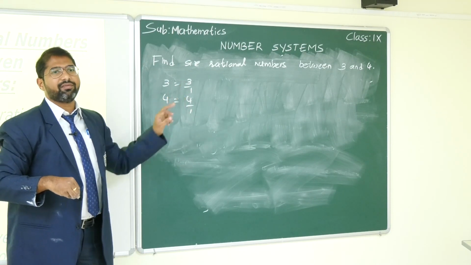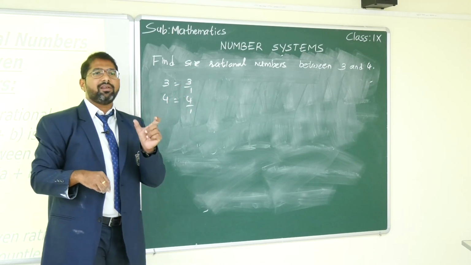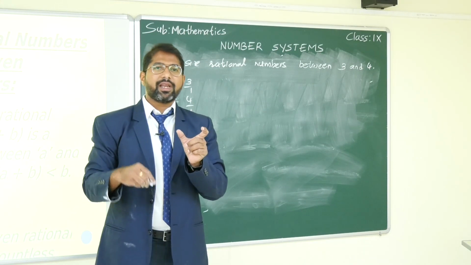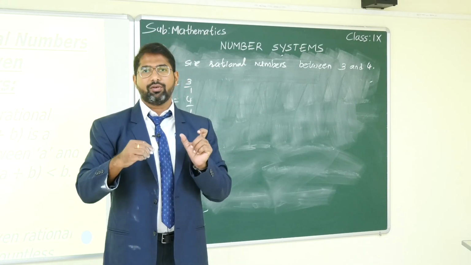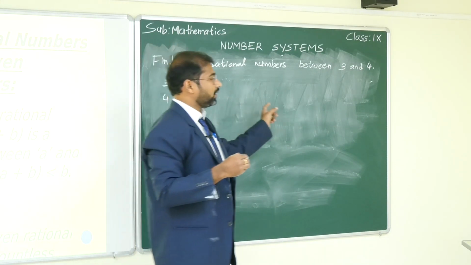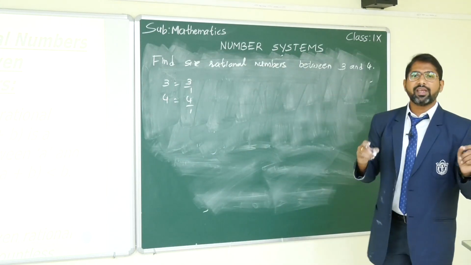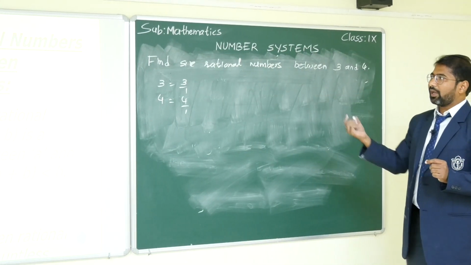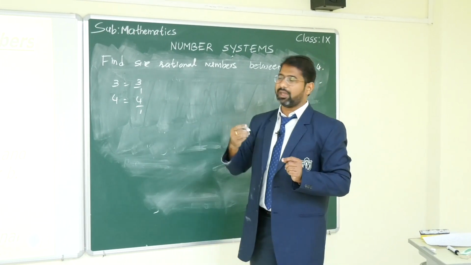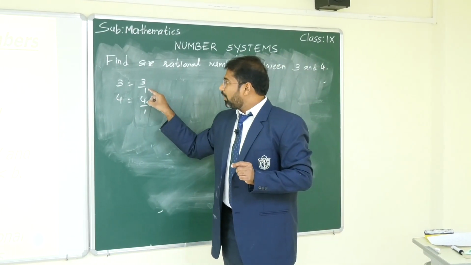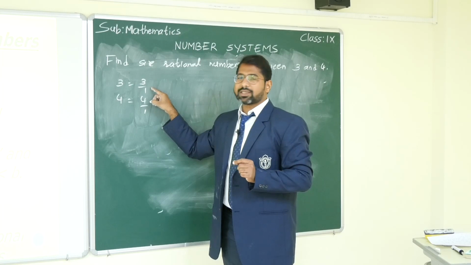Here the numerators are 3 and 4. Between 3 and 4, is there any integer? No. On the number line, after 3, the next integer is 4. So I cannot insert.